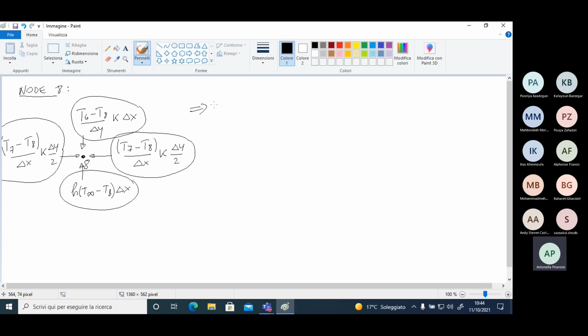I can put together the different contributions and I obtain, with numbers, this equation.